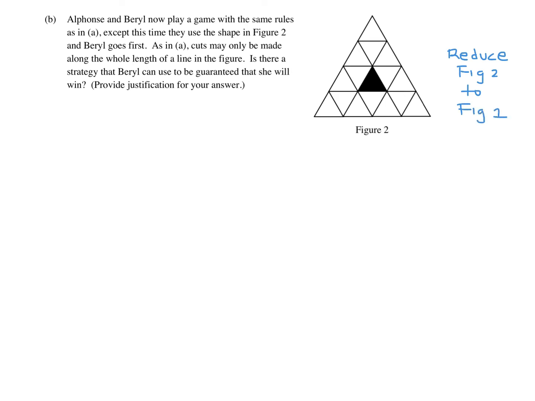And then once you get it to be like figure 1, you use the strategy that I just described in part A. Then proceed as in 3A. 3A was part A of this question. And of course, you have to make Alphonse make the first cut at that point.